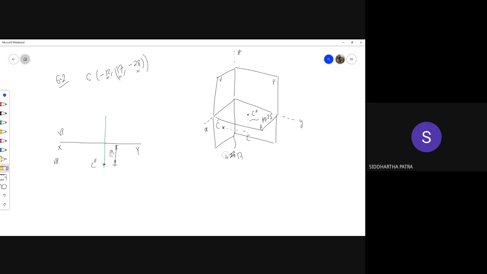So this is the horizontal projection, and the vertical projection C prime would lie 28 millimeters below the line XY.